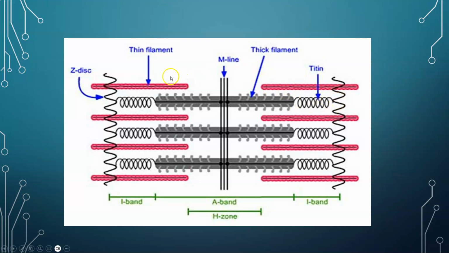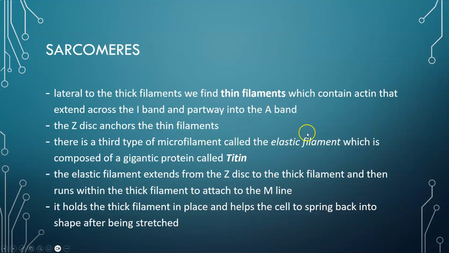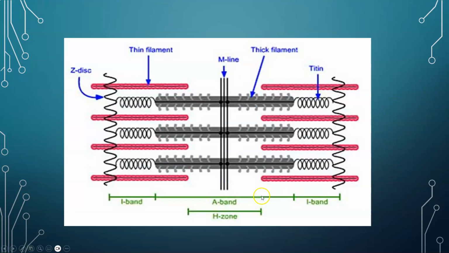This is where we start stretching the fascia that surrounds this configuration. But when the muscle relaxes, this straightened out titin, because it's springy or elastic in nature, pulls the Z discs back to their resting position and returns back to this curlicue configuration. So we say it holds the thick filament in place and helps the cell to spring back into shape after being stretched.